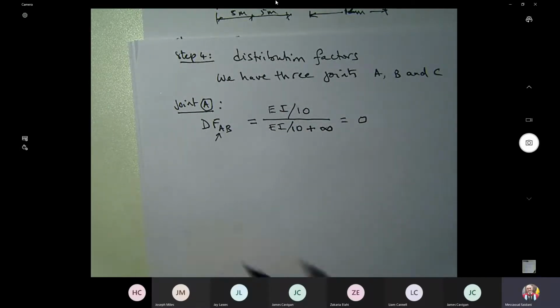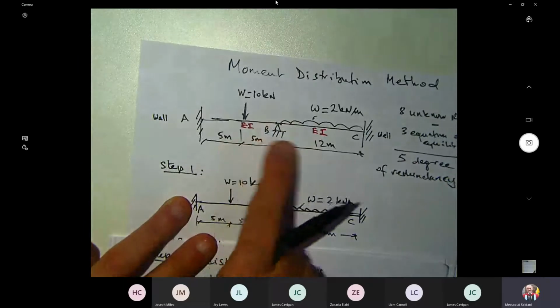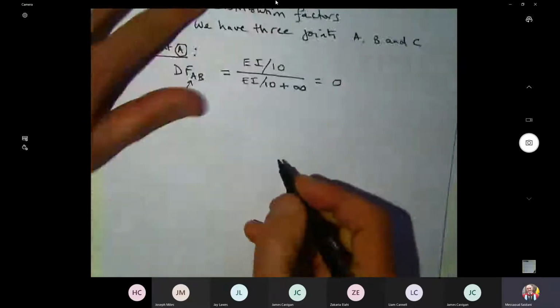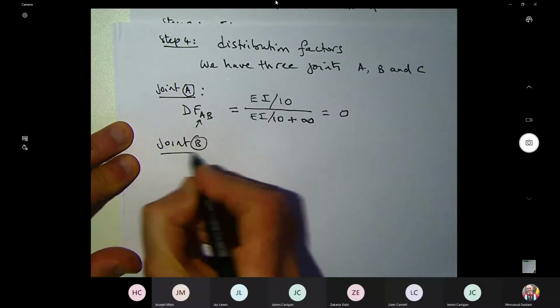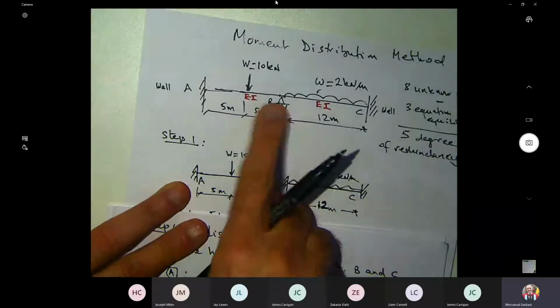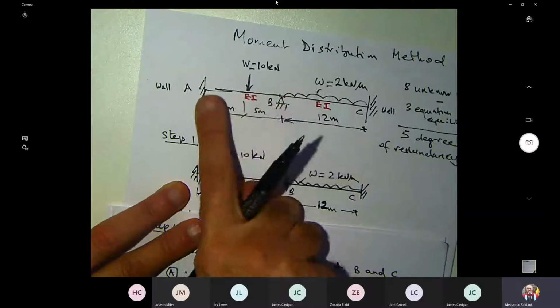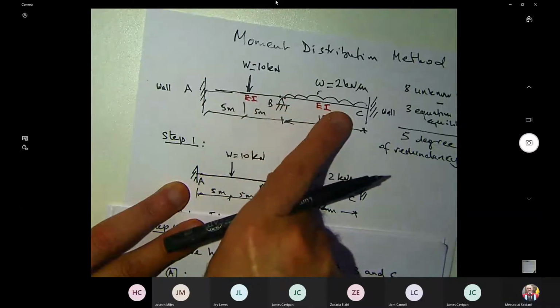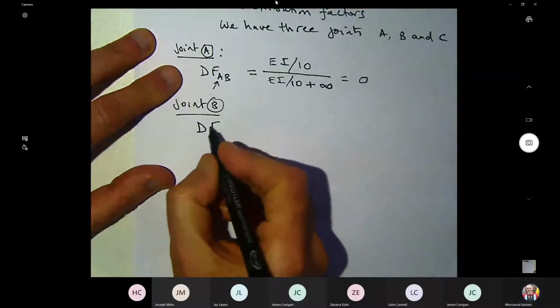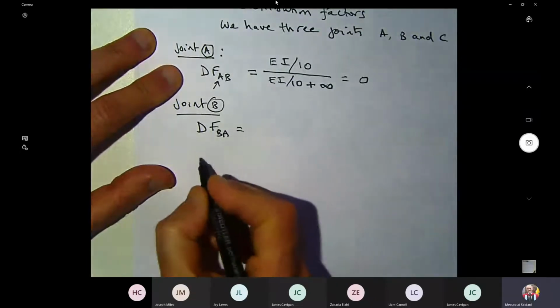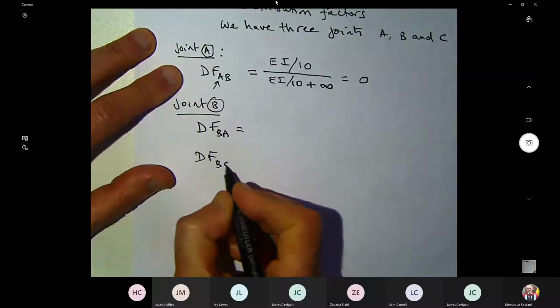We do the same for joint B now. Okay, now we go to joint B. At joint B, we have two members connected, BA and BC.